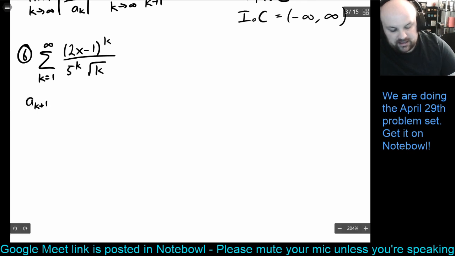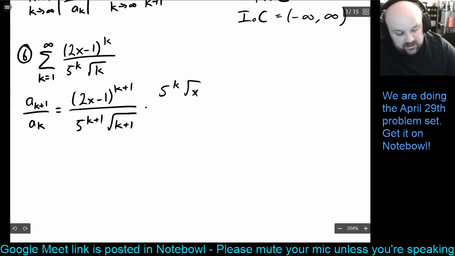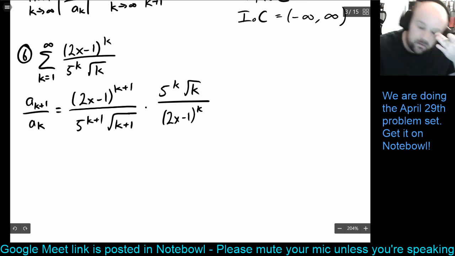So a to the k plus 1 over a to the k. This is going to be (2x minus 1) to the k plus 1 over 5 to the k plus 1 square root of k plus 1, times 5 to the k square root of k, not x, not square root of x, square root of k, over (2x minus 1) to the k.